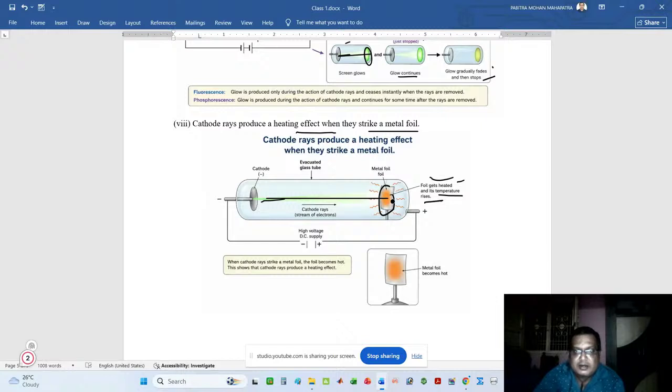That means it creates heating. It increases the temperature when cathode ray strikes. So when cathode ray strikes a metal foil, the foil becomes hot. This shows that cathode rays produce a heating effect.